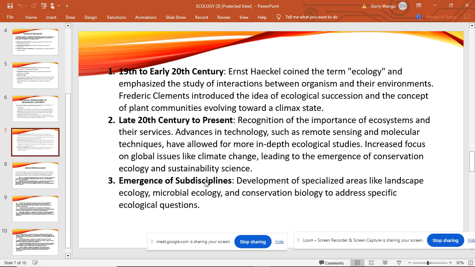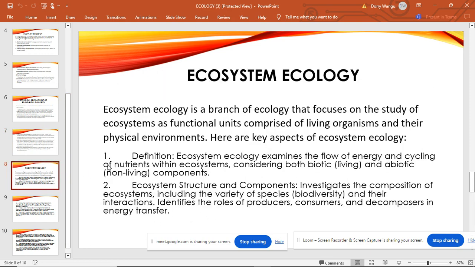Emergence of sub-disciplines: development of specialized areas like landscape ecology, microbial ecology and conservation biology to address specific ecological questions. We have ecosystem ecology. It's a branch of ecology that focuses on the study of ecosystems as functional units comprised of living organisms and their physical environment. Here are key aspects of ecosystem ecology.